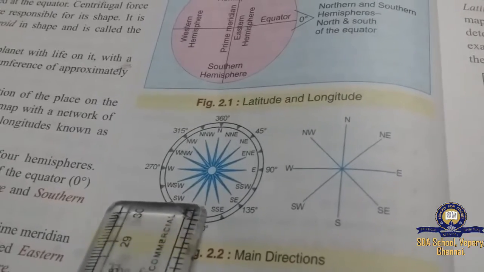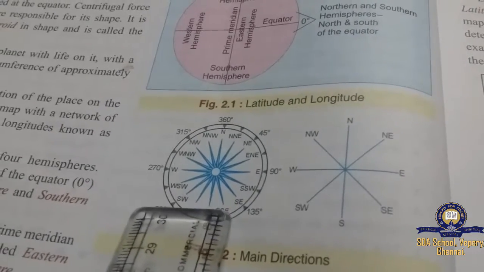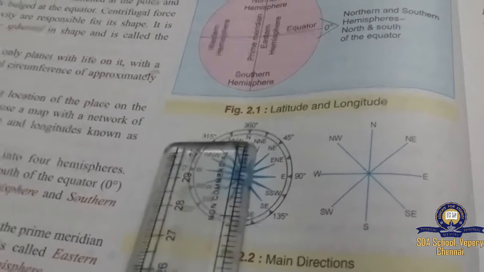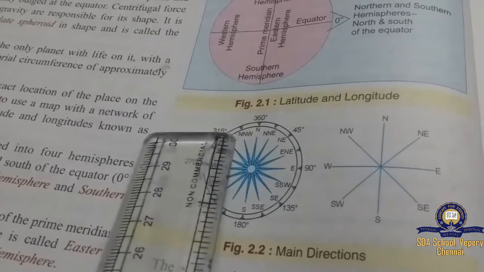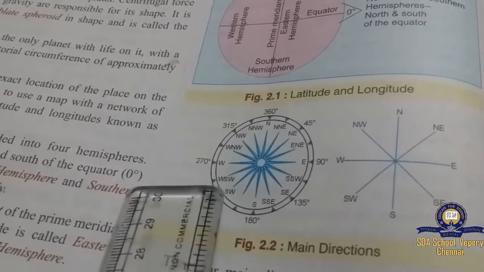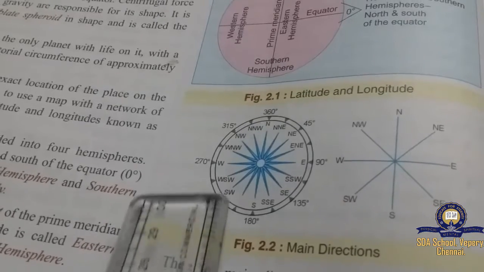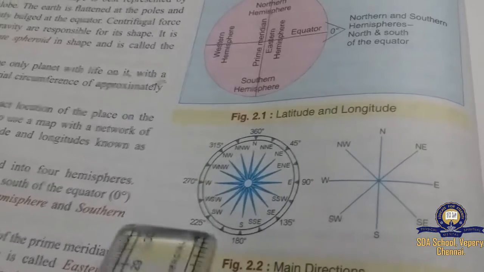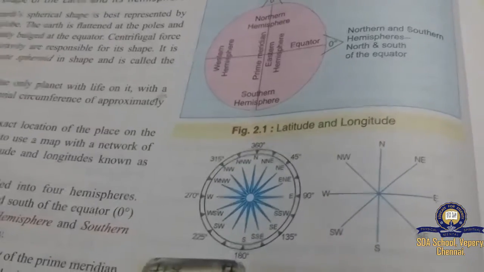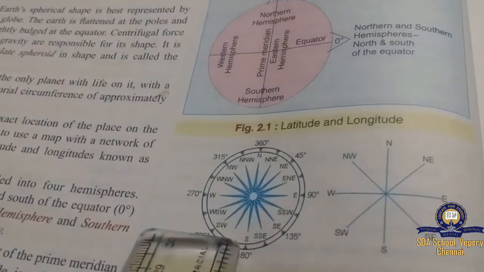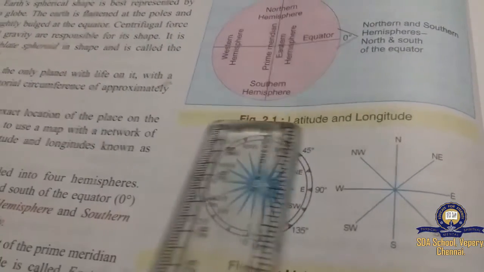South, southeast, south, southwest, east, northeast, north, northeast, north, northwest, west, northwest, west, southwest. Can you see? These are the degrees, 0 to 180, then 180 to 360. All this resembles the meridians.